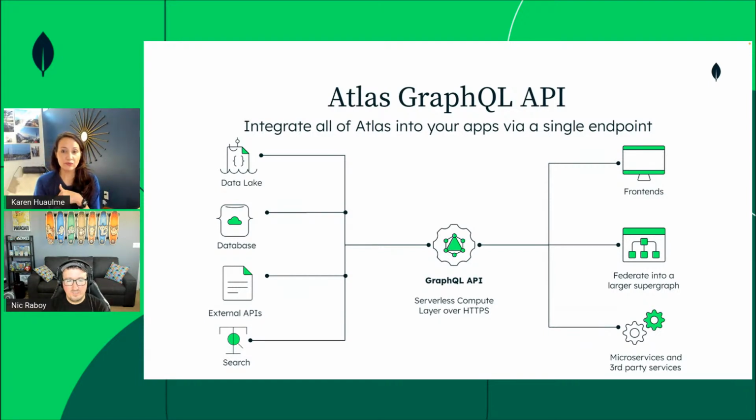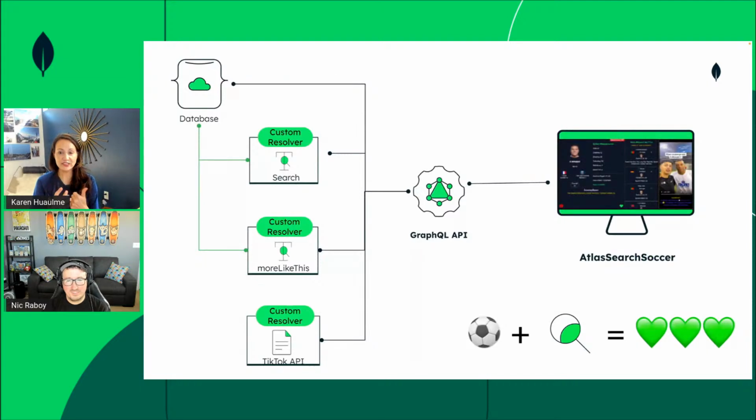We actually did something like this. Inside my application, we have data inside of Atlas, and then we have several custom resolvers, and we use it inside of one GraphQL API in order to create this application.